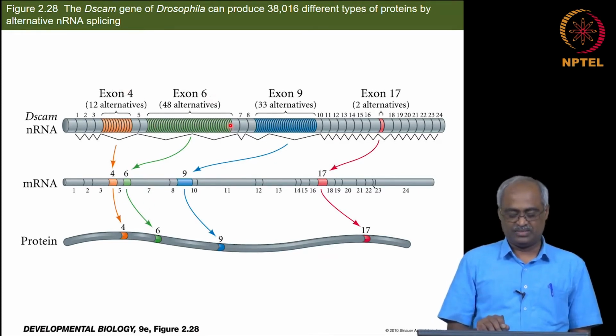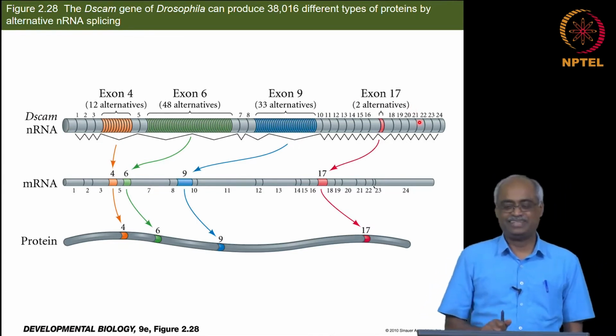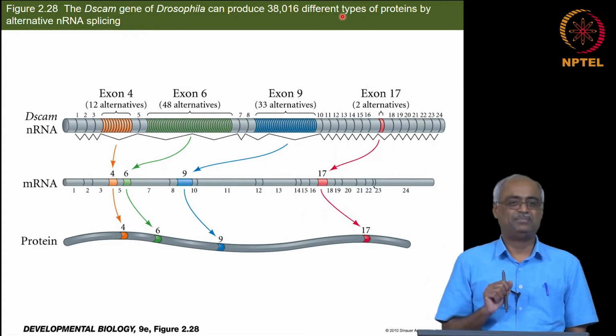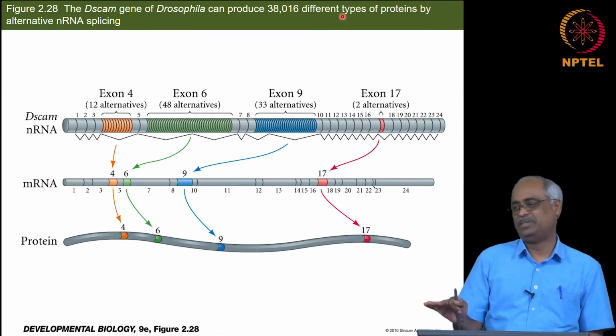Similarly, exon 6, 48 alternatives are possible, and then exon 9, 33, exon 17, 2. Now, if you work out all the combinations, it works out to be 38,016, and experimental data supports that the vast majority of them are actually produced.